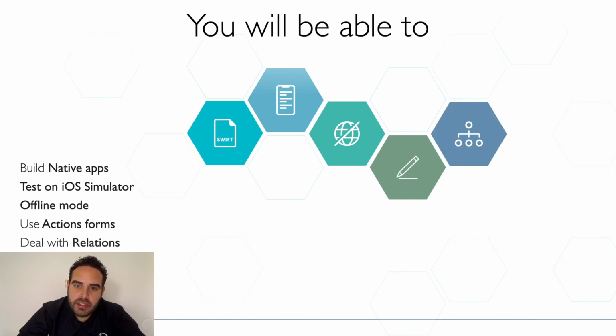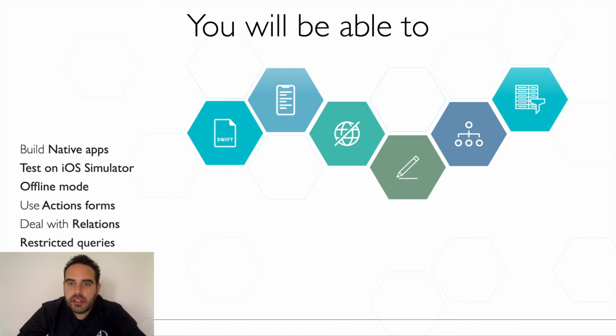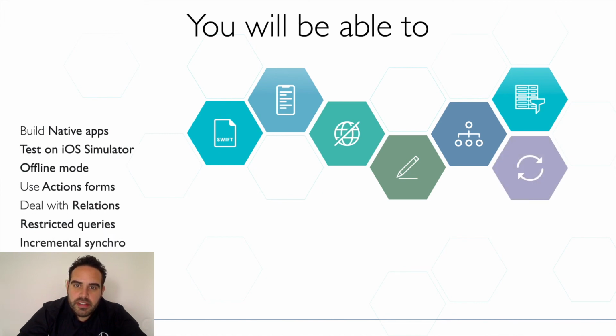Use related fields as any other field in the creation process when you define your structure. Embed and filter content in your app with the restricted queries. Incrementally synchronize your data with pull to refresh.